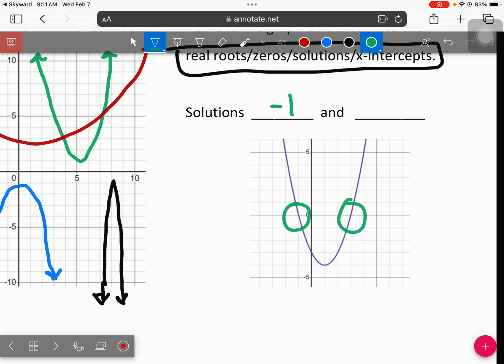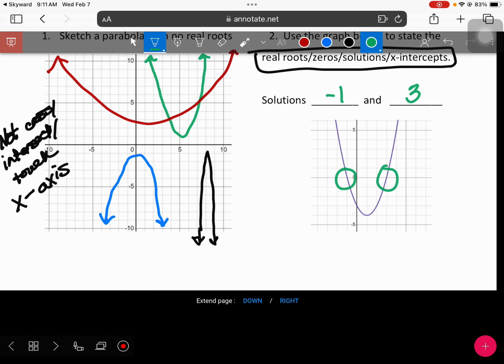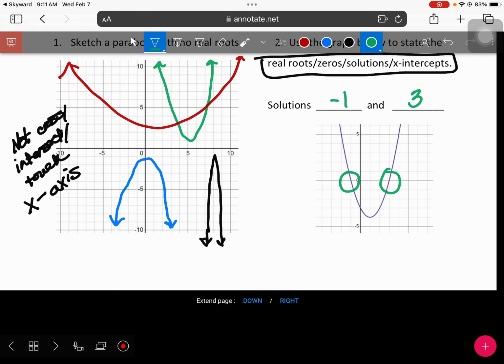-1 and 3. Now, in your homework that was supposed to be due today, Jewels, we talked about some parabolas that had either an a value of +1 or -1. And then they asked you to put it in factored form.